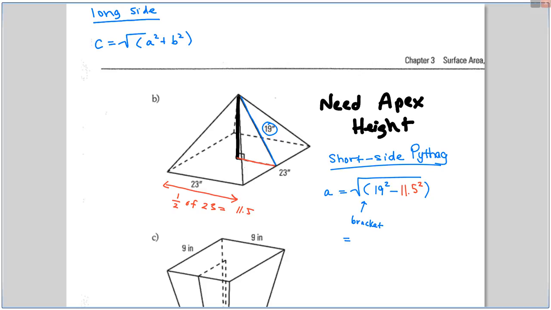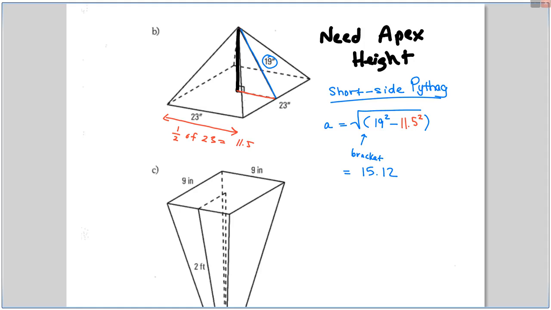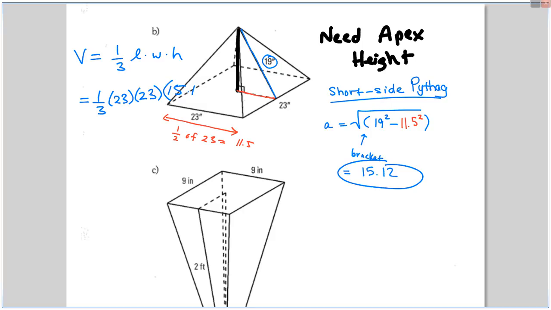Okay, so for this first question, I think you get about 15 or something. Does anybody have it? 15.12. Couple decimals is just fine. And then you can jump into the volume formula, which is 1/3 LWH. 1/3 times 23 times 23 times H, which you just solved for, 15.12.